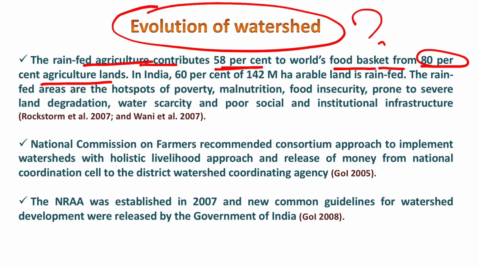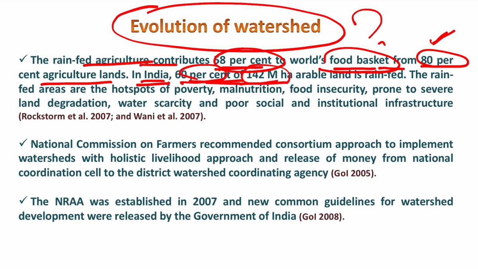We do not have that much irrigation facility available in those particular areas. So those areas comprise around 80% of land area, which contribute around 58% to the world food basket. If we say in India, there is 60% of 142 million hectare, what is 142 or 144, net cropped area we have.